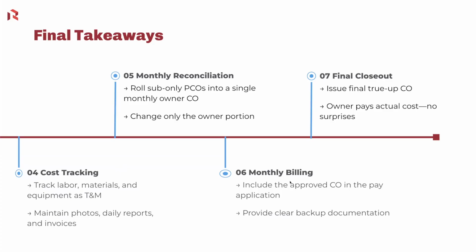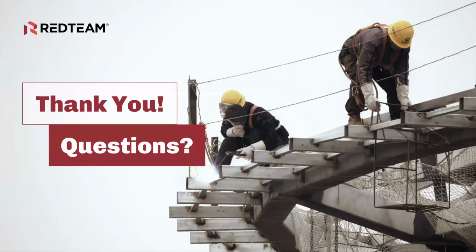Then we'll go on to our monthly billing, where we can again bill for those items, those monthly change orders. And then finally, we'll have our final closeout where we will want to reconcile all of those changes. So that is our how to manage Cost Plus in RedTeam Go.